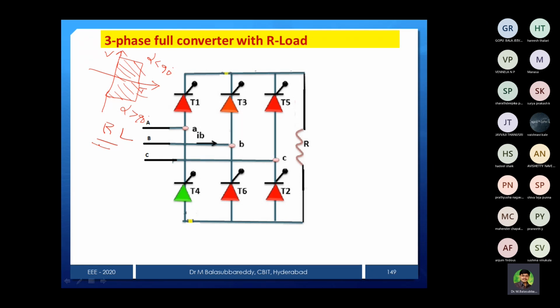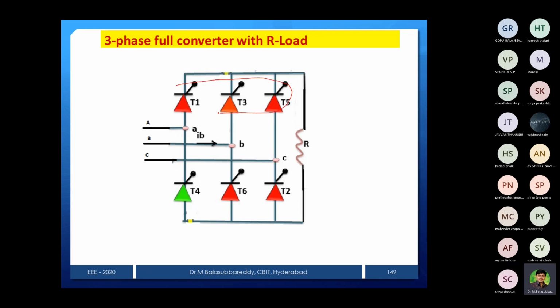Now if you compare with the semi-converter, in a semi-converter we can notice that the upper group is the positive group device, that is thyristors only, but the lower group devices are diodes.